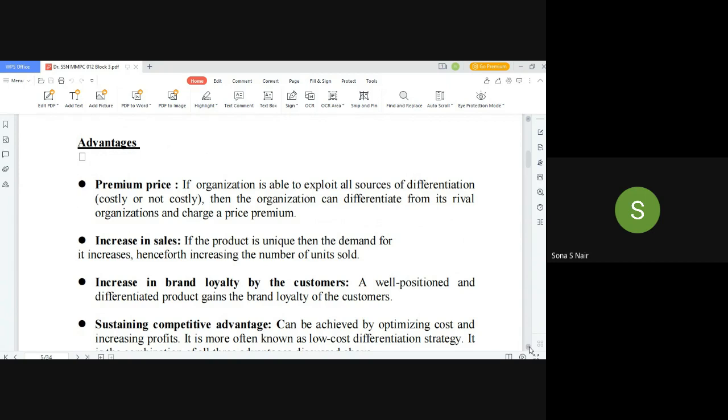Increase in brand loyalty by the customers is also an advantage. Why? Because there is a whole lot of different kinds of consumers in the marketplace. And if the differentiation meets the specific needs of a majority of customers, then obviously the customers would be more inclined to buy these differentiated products, because these products are possibly according to their own tastes, needs and requirements.